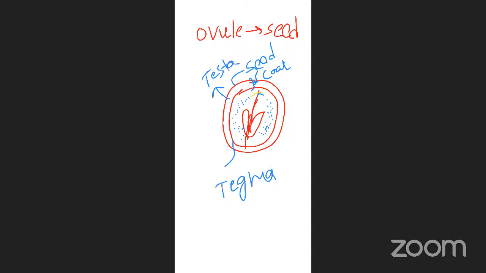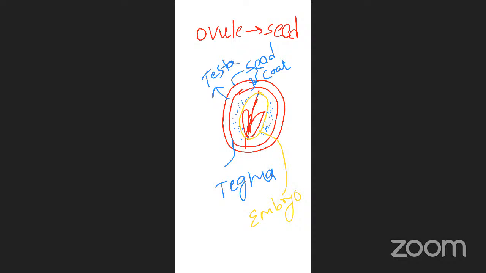This yellow line is the embryo, and the blue dots are the endosperm. Both are located inside the seed, and the seed coat protects both from desiccation of water, mechanical injury and environmental effects.